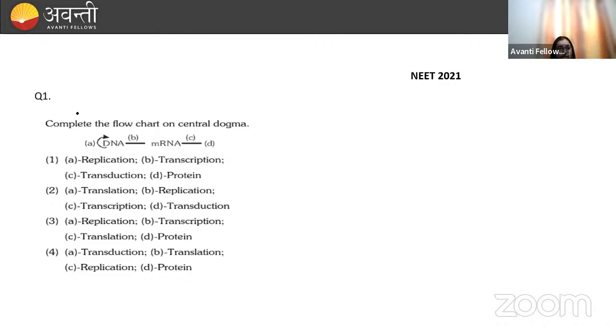Now let's discuss the questions. Question number 1 says, complete the flow chart on the central dogma. Options are given. Quickly answer what you think will be the correct option. A represents replication. Now the information from the DNA will be transferred to mRNA.